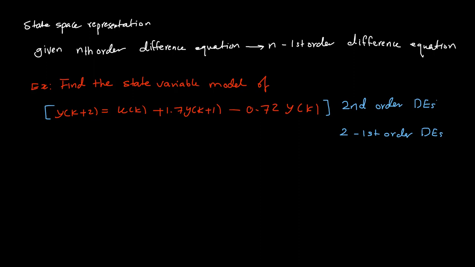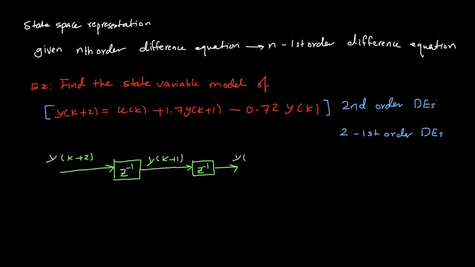Now see, someone will say, if I'm having y of k plus 2, how many delays I need in order to generate y of k? So the first delay that I need in order to generate y of k plus 1. Then I need another unit delay, z minus 1, in order to generate y of k.